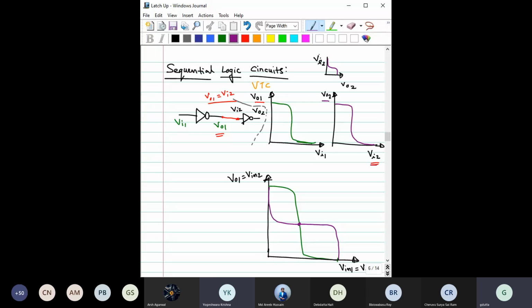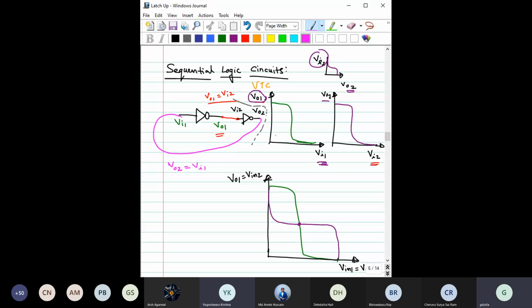Now we can say these two are the same. But again, this is I1 and this is O2, so these two are different. But now let us do one thing. Let us also connect these, so that makes VO2 equal to VI1.